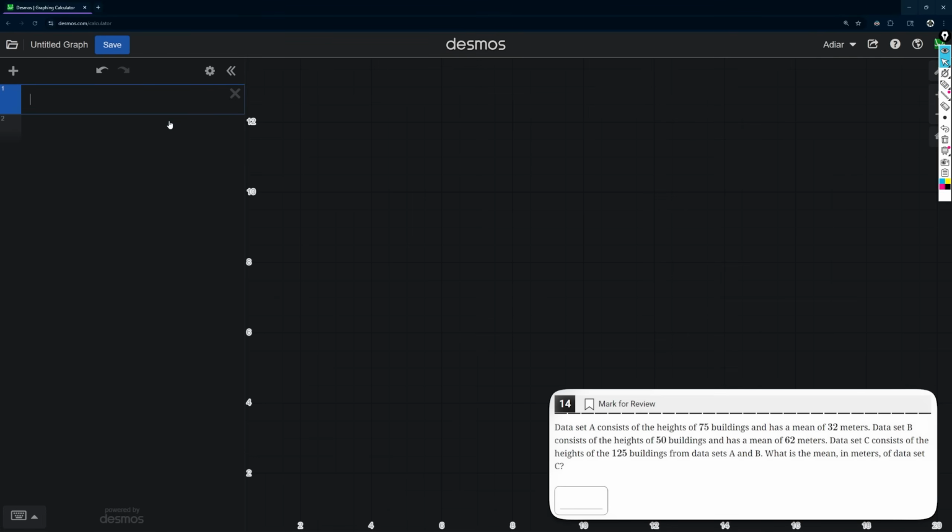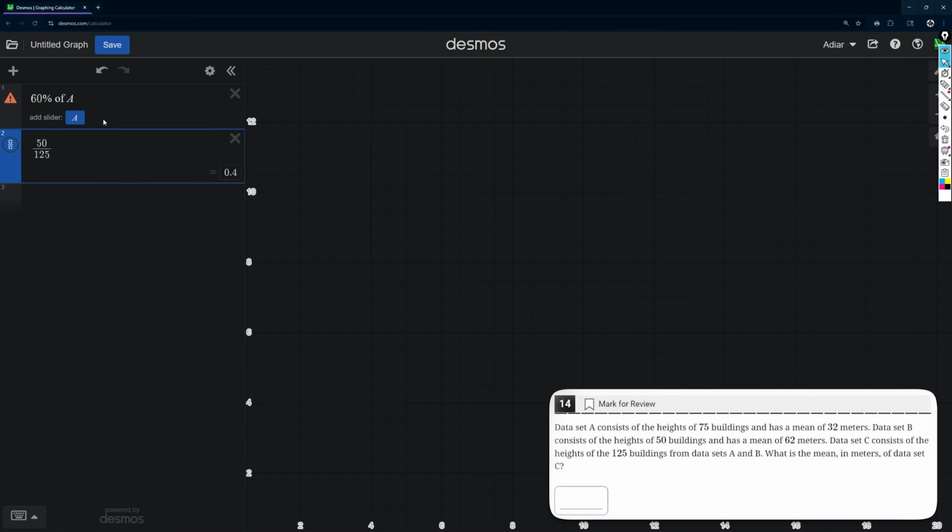We could think about it by percentages of the total number of C. What percent comes from A? So if we look at it, we have 125 total, and we get 75 of those 125 from A. So 60% of our mean is going to be from A, and we're going to get 50 divided by 125.